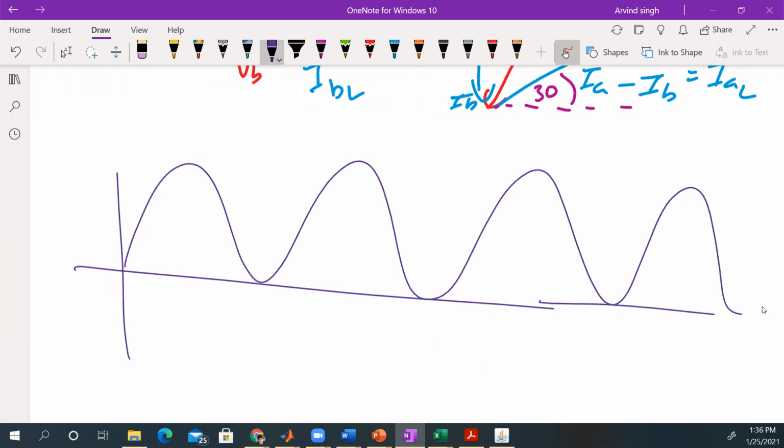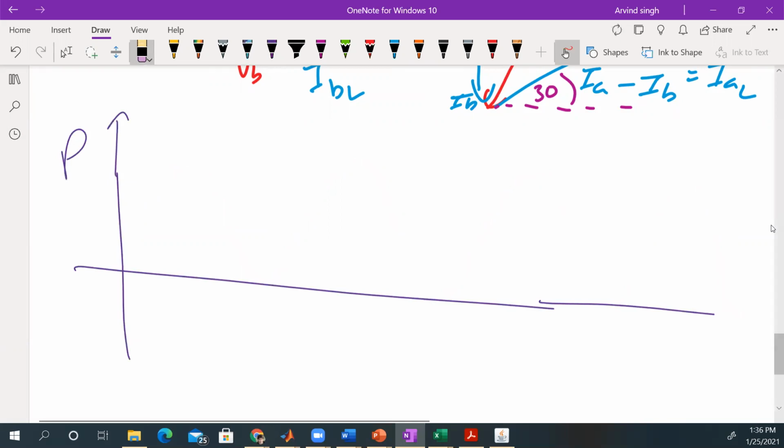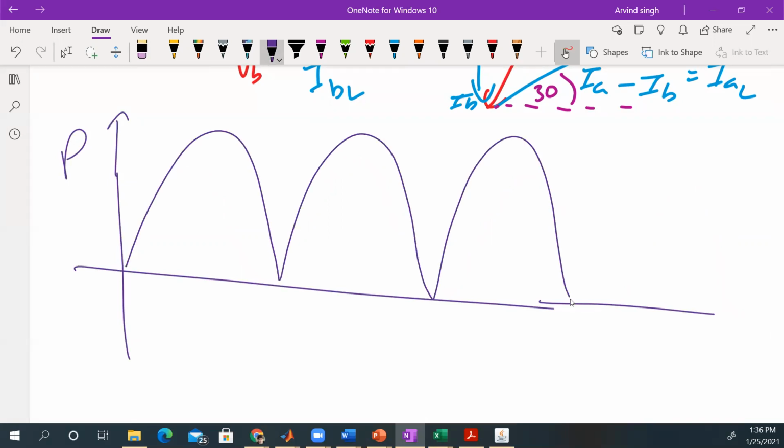Say I excite a resistor with an AC source, it will look like that. And all of this power is real, right? Actually it will be more like a rectified wave. It will be more like this, right? So all this power is above zero.